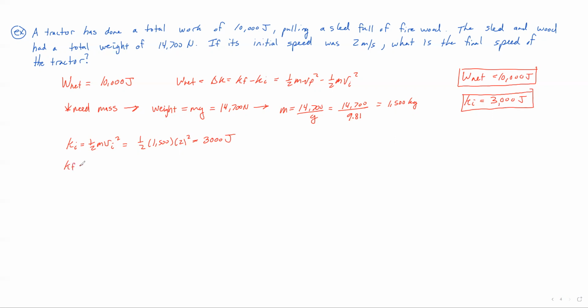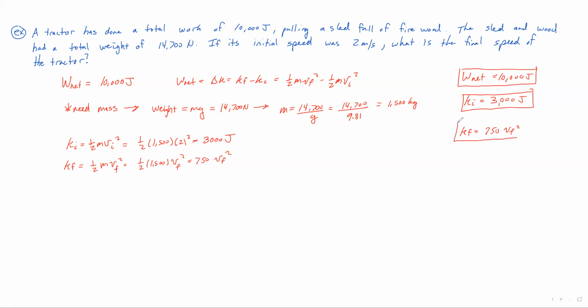Well, K final is going to be 1/2 mVF squared, right? And that's going to be 1/2 times 1,500 times just VF squared. We don't know what that is. So we can write that over here. KF is 1/2 of 1,500, which is going to be equal to 750 VF squared. So I'll write that over here.